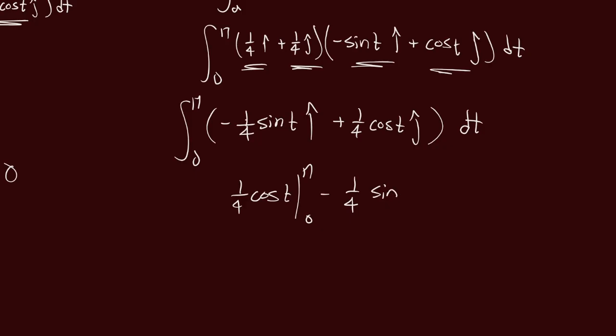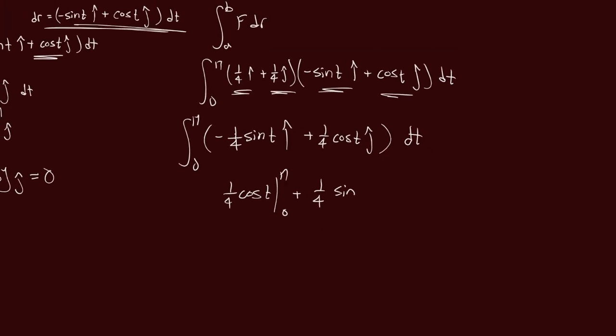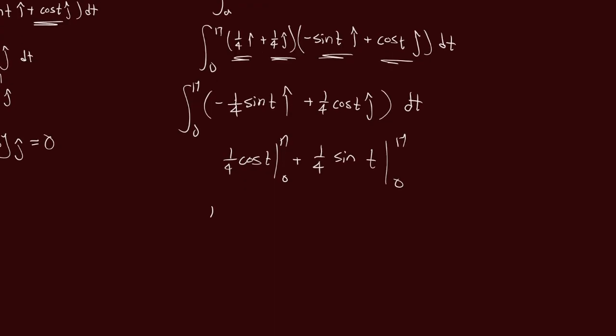Which will be, wait, sorry, this will be minus. No, sorry, never mind. Everything's right. Sorry. Okay, so it'll be minus 1 over 4 cos of pi minus cos of 0 plus 1 over 4 sine of pi minus sine of 0.